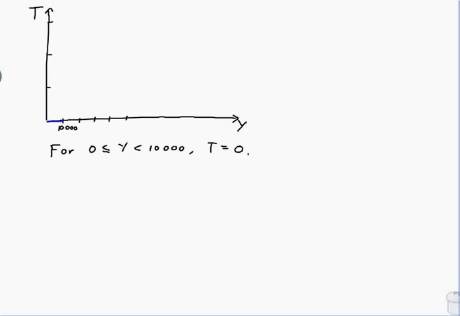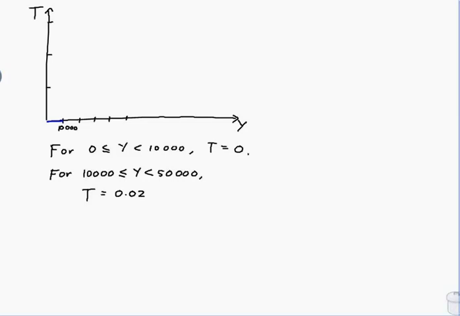Next it says a tax rate of 2% on income from $10,000 to $50,000. So for 10,000 ≤ Y < 50,000 we have a formula for T. T is 2%, so 0.02, of the income from 10,000 to 50,000.